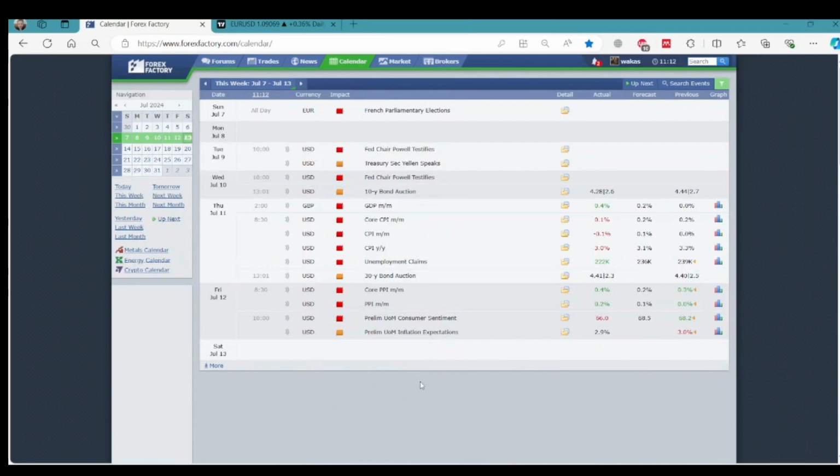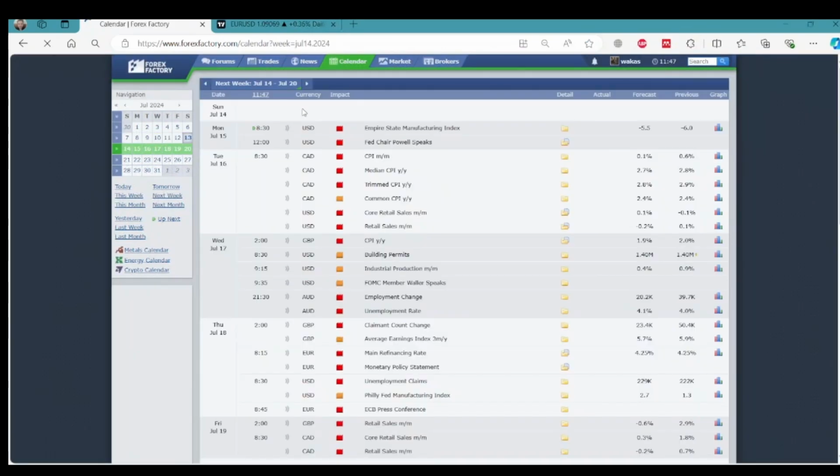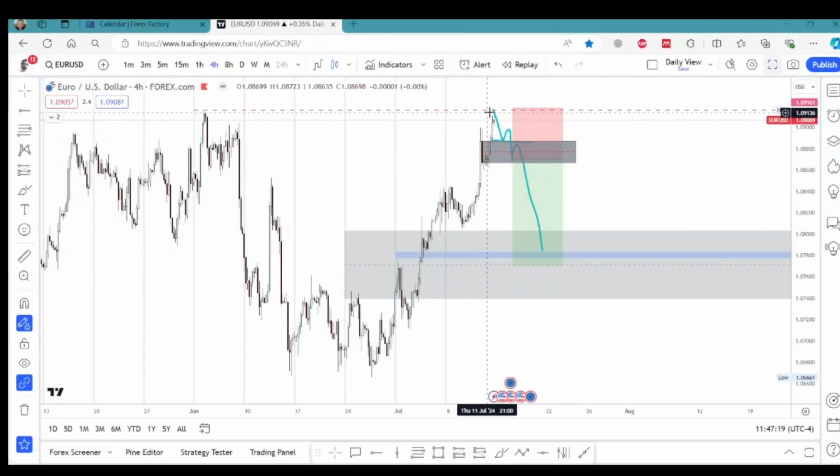Now let's look at the calendar, and if you guys can see, next week starts, this is July 13th. Okay, let me go to the next one. Yeah, so we got red folder news. We got red folder news for USD on Monday. That means probably this is going to be taken out Monday then.